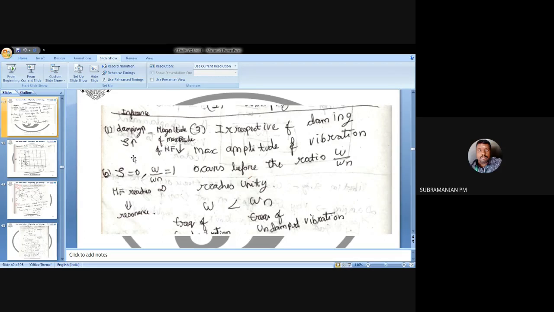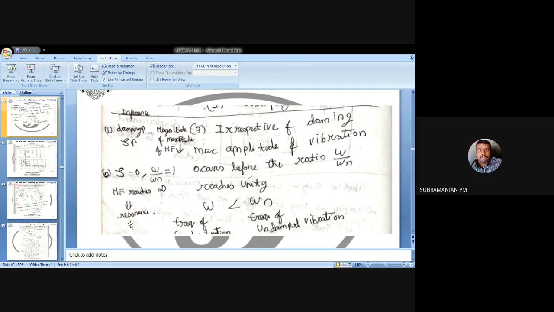So this and all can be framed as an objective. When I increase the damping factor, meaning I'm increasing the damping, what will happen? The maximum amplitude, the magnitude of my forced vibration, will decrease. The magnification factor will decrease. See this condition. I may ask you a question: under what condition does the magnification factor reach infinity?